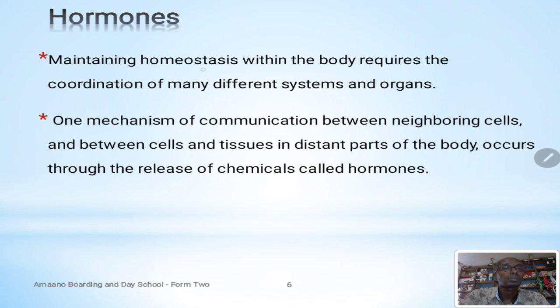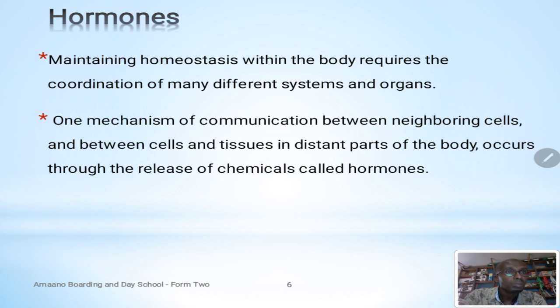Homeostasis means a process which keeps the internal environment more or less constant within the body. It requires the coordination of many different systems and organs, which means maintaining homeostasis requires the togetherness of the different systems and organs of the body.